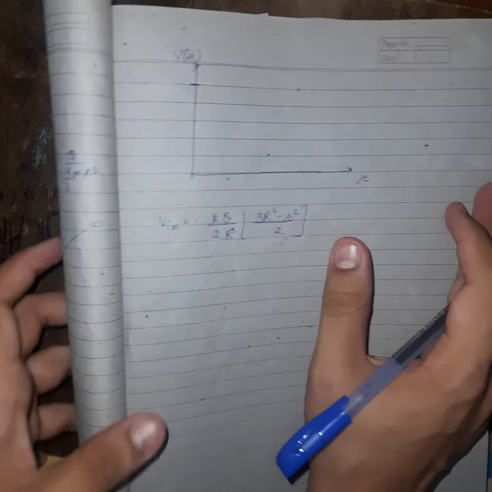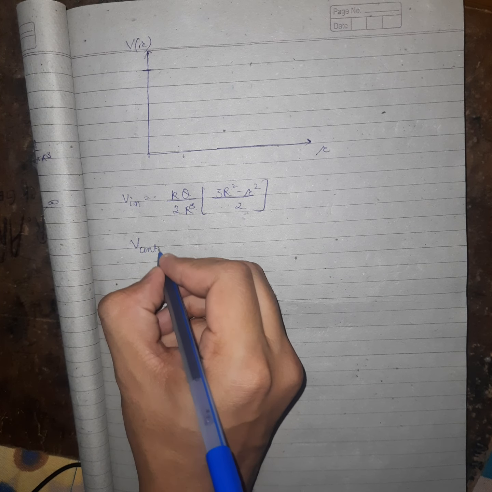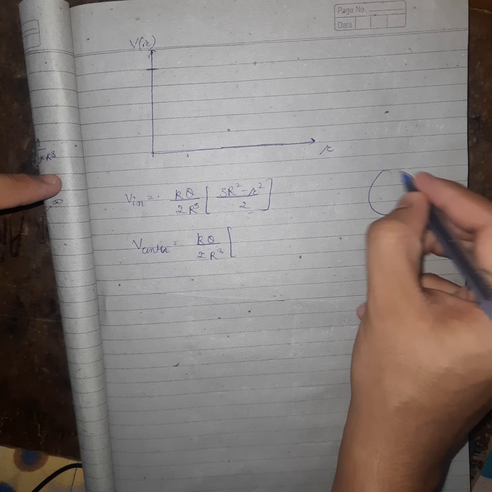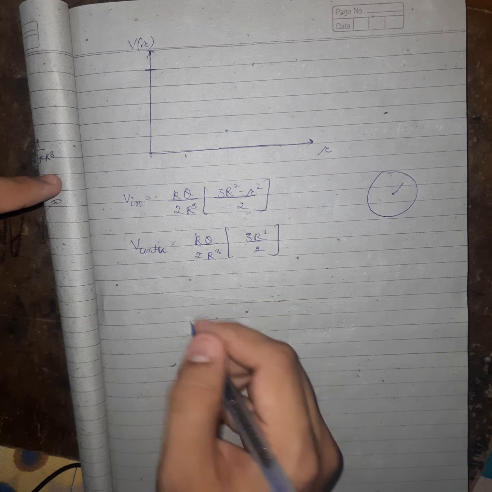So the potential at the center will be kQ by 2R cube, and as the center has r equal to 0, we put 3R square.